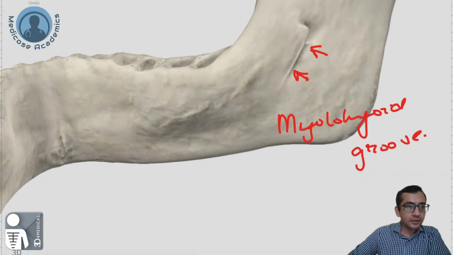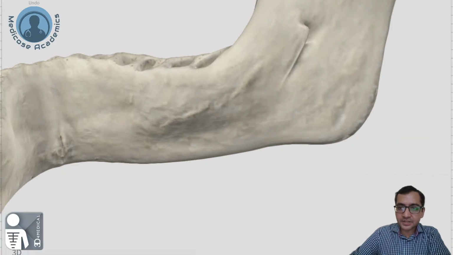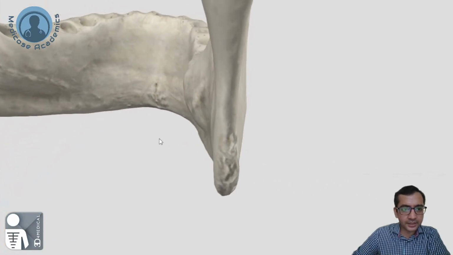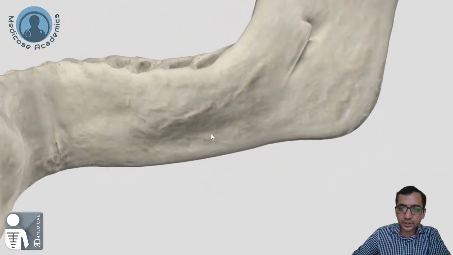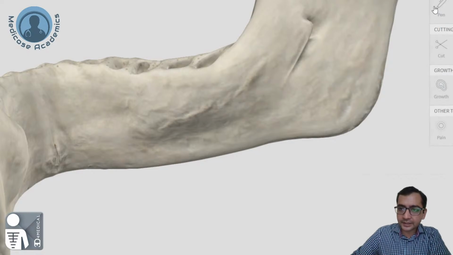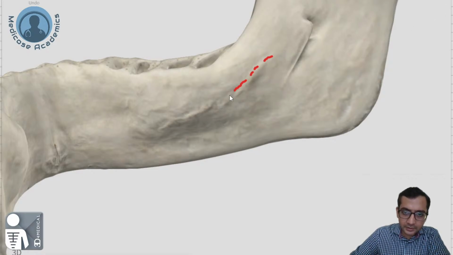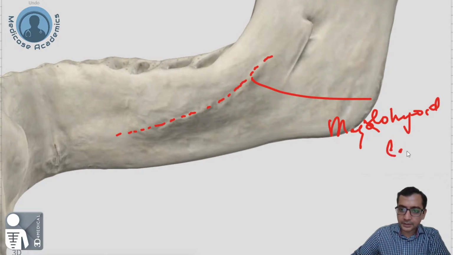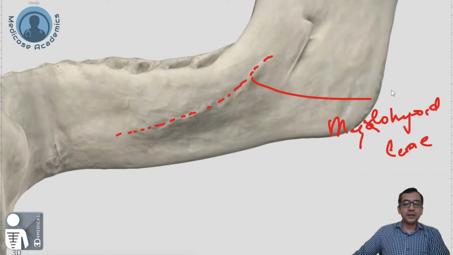And by the name of this muscle, there is another line visible here. It is not very prominent in this particular section, but you can identify the line present here. With the same muscle name, this is called the mylohyoid line. This actually gives rise to the muscle.